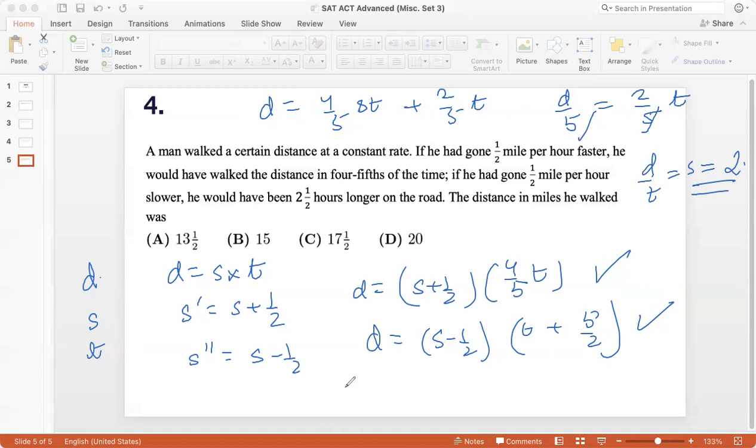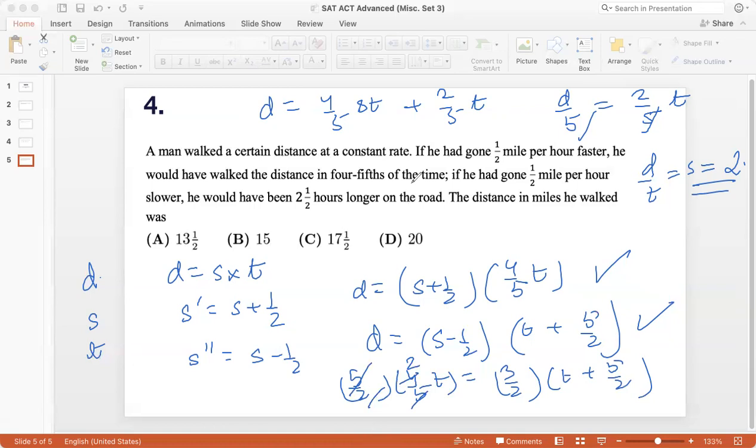Okay. And once we know the speed is 2, we can equate these two equations to find the time. So (2 plus 1 by 2, which is 5 by 2) into 4 by 5 t is (2 minus 1 by 2, which is 3 by 2) into (t plus 5 by 2). So 5 cancels, 2 into 2, this cancels.